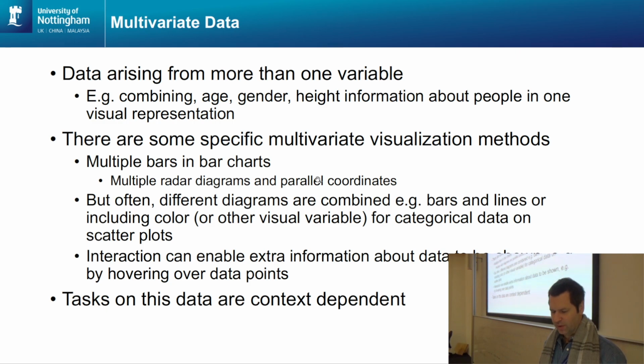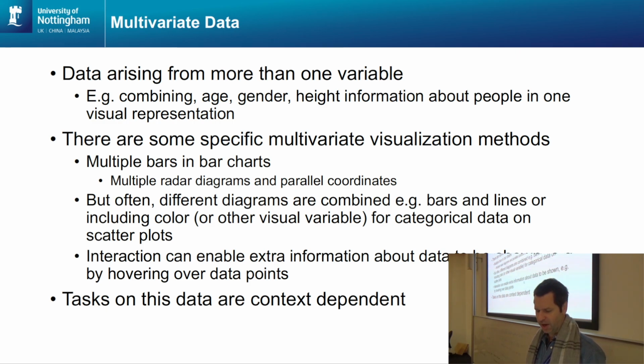We can use multiple bars and bar charts. We can use so-called radar diagrams and parallel coordinates. These are all multivariate visualization techniques. This gets into some more advanced visual representations.